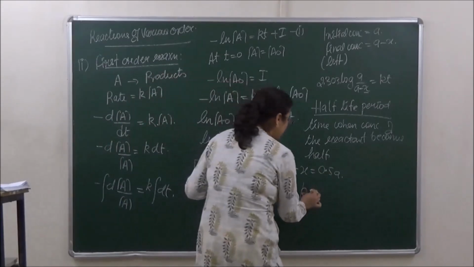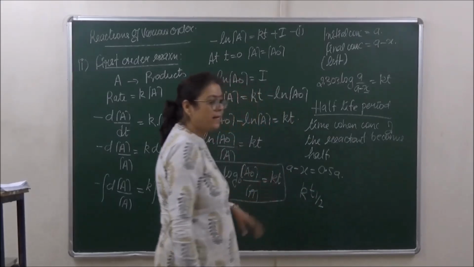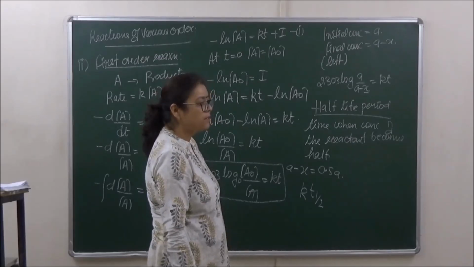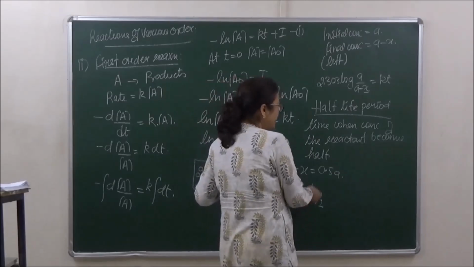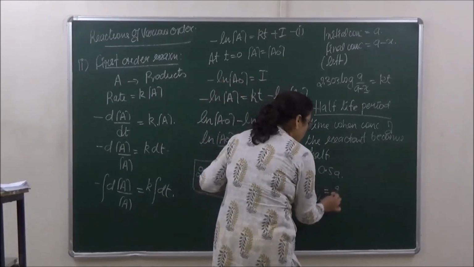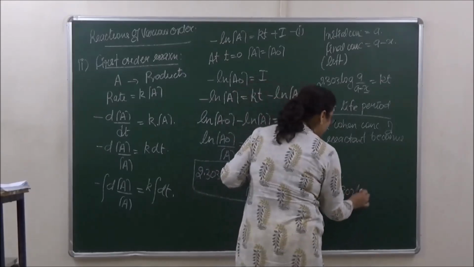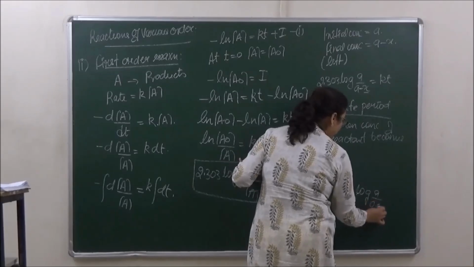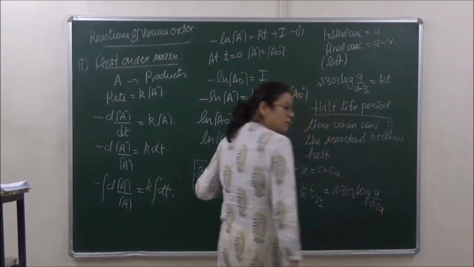So Kt will be equal to, now over here T can be denoted by T half because it is the time when 50% completion of the reaction has taken place, so half time. So Kt half is equal to 2.303 log of A upon 0.5 A, ठीक है.